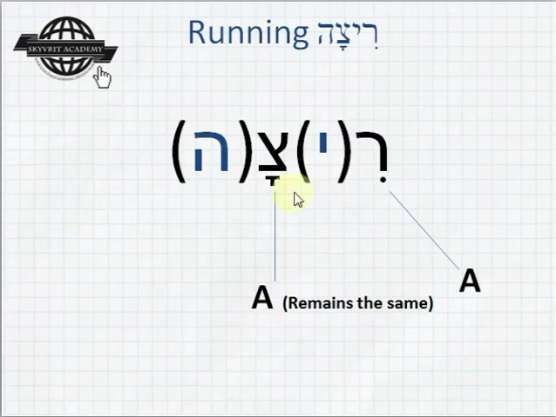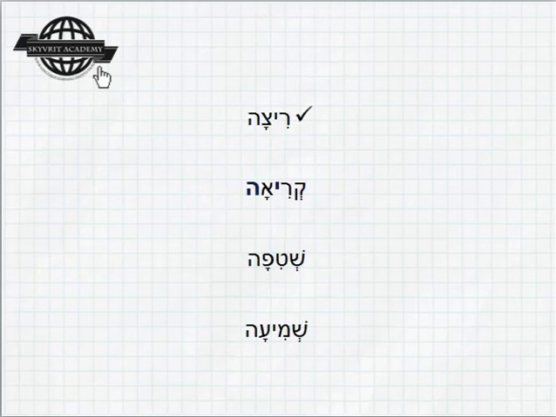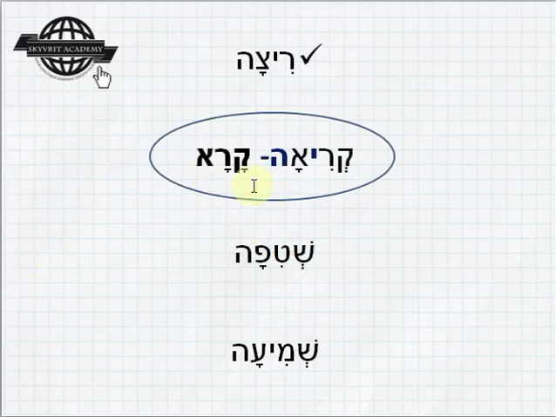So instead of ratza, it would be simply ratz. The example of ratza would be for the feminine one. הוא רץ, היא רצה. הוא קרא, היא קראה.